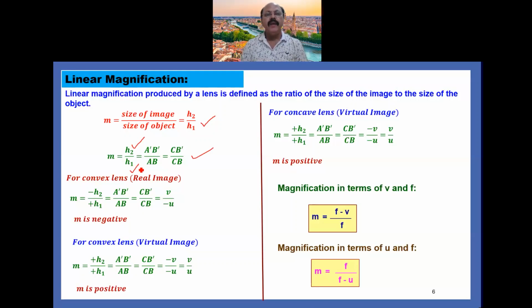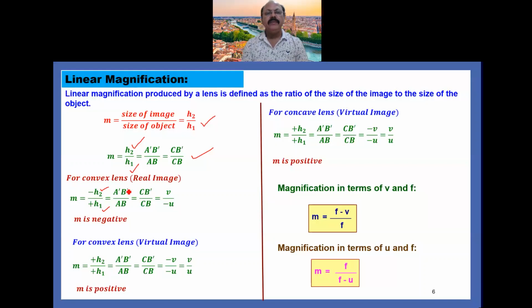Now for the convex lens, in case of the real image, the image is inverted, so that's why h2 is minus h2, and the object AB is erect, so it is plus h1.